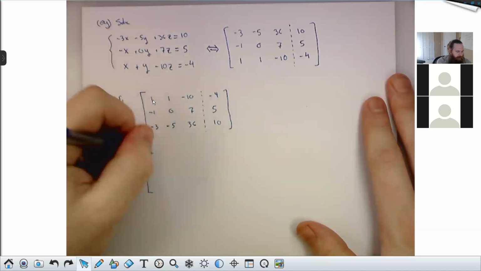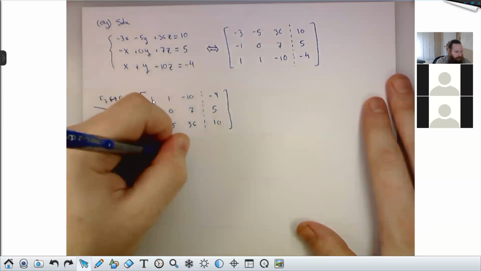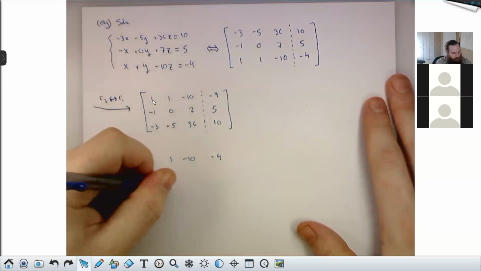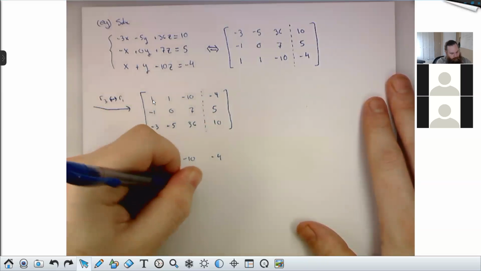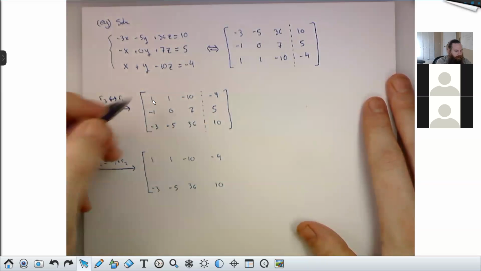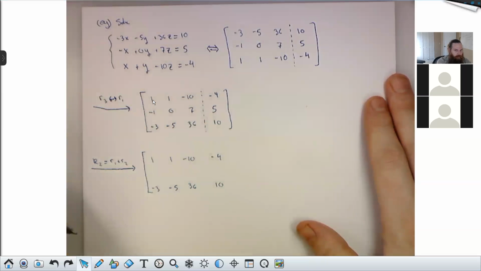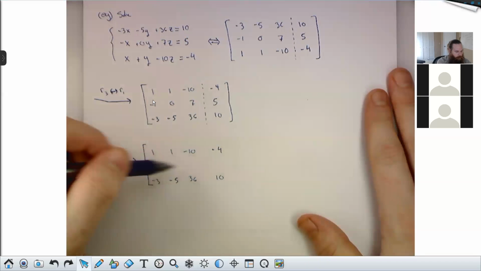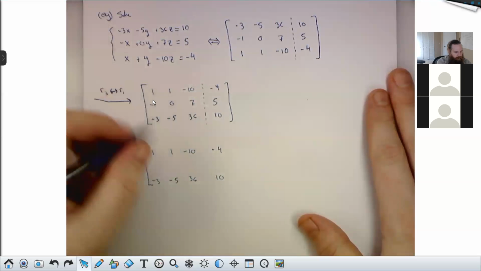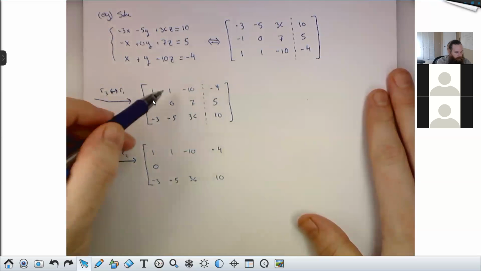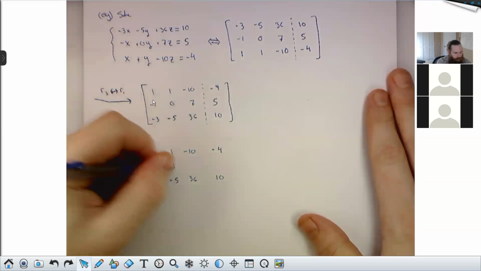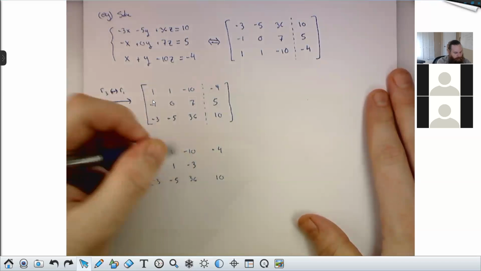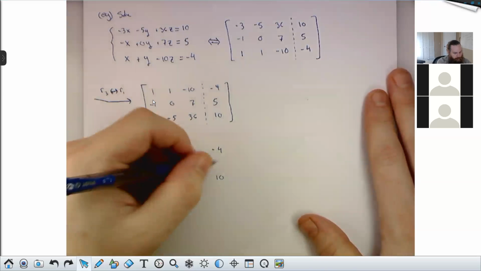And again, I'll copy the rows that don't change first. 1, 1, negative 10, negative 4, negative 3, negative 5, 36, 10. And then row 2, that's the row that's changing. I'm going to add old row 1 to old row 2. That's my new row 2. So 1 plus negative 1, that's 0. 1 plus 0, that's 1. Negative 10 plus 7 is negative 3. And negative 4 plus 5 is 1.